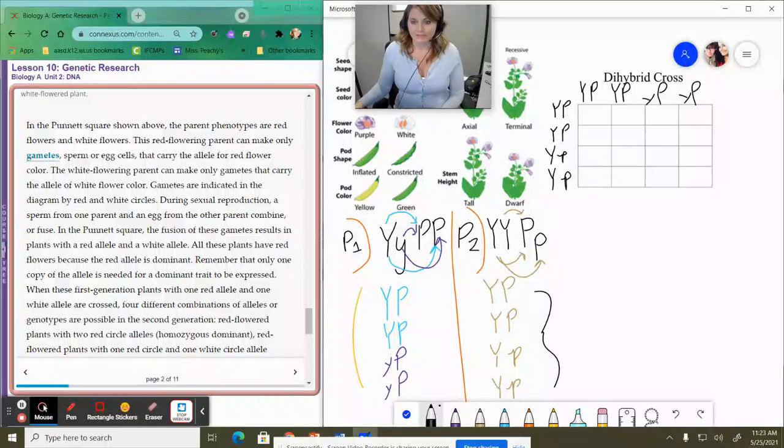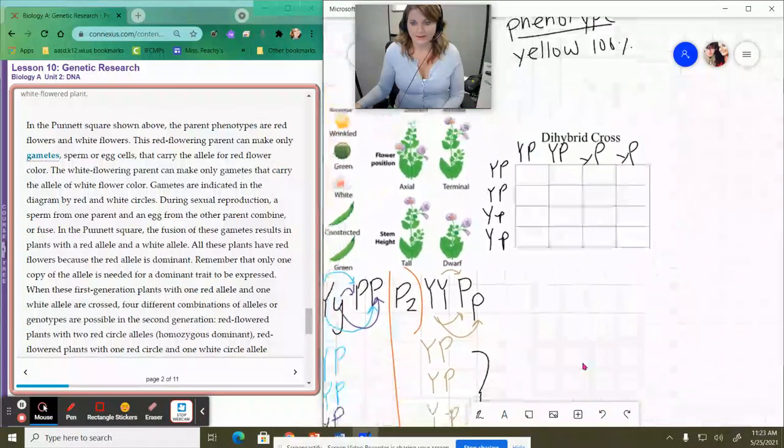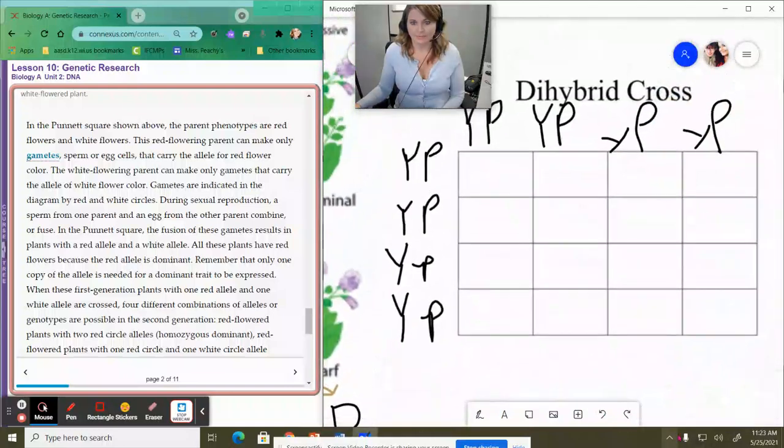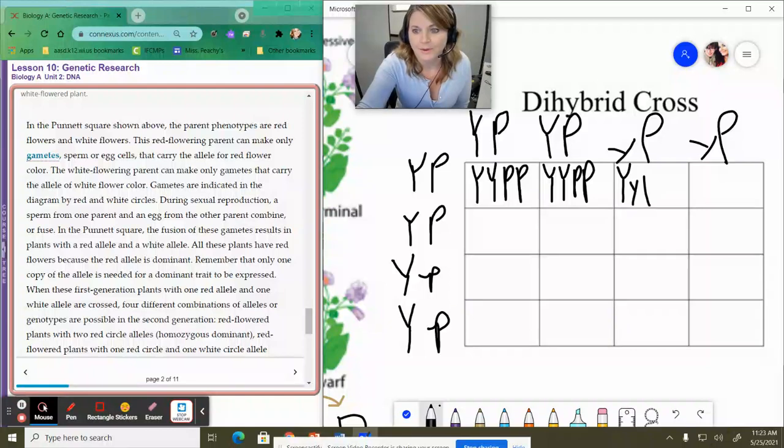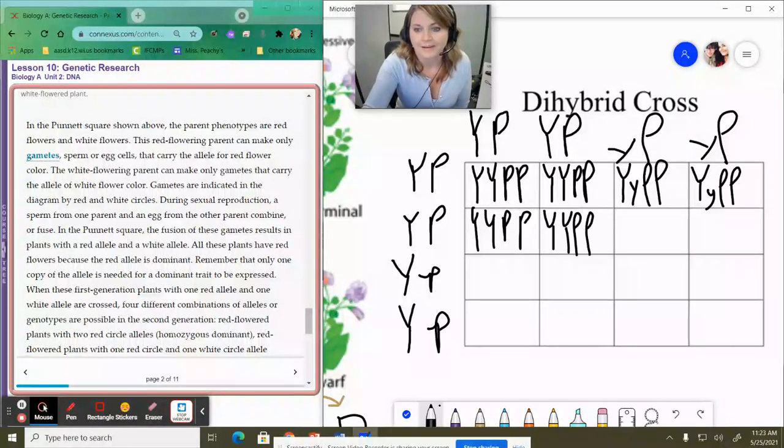All right. So once we have all of our combinations, then we're just going to do the same thing we did with our monohybrid cross. We're just going to bring them down and over, right? So we end up with big Y, big Y, big P, big P, big Y, big Y, big P, big P, big Y, little y, big P, big P, big Y, little y, big P, big P. You just keep doing this, right? I know my writing is horrible, but so there we go.